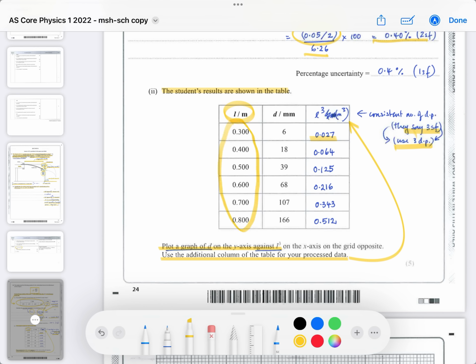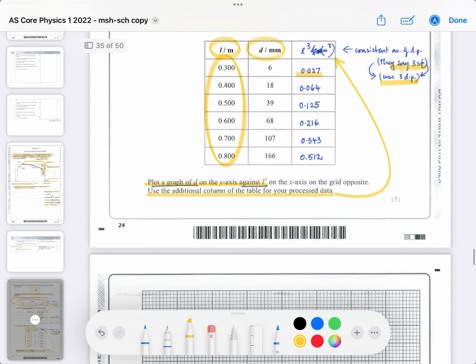Sometimes they talk about significant figures, but you see over here, they're all in millimeters, but you have a different number of significant figures. So I think decimal places are a better way of bringing in consistency, and I think the exam boards have not clarified that well enough.